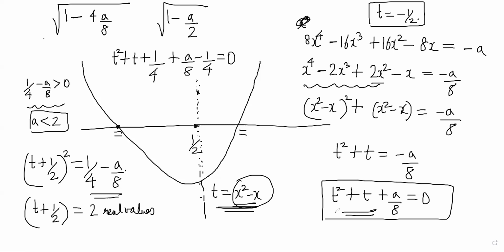The roots in terms of t can be written, it will come like this, something, minus 1 plus minus this, by 2.